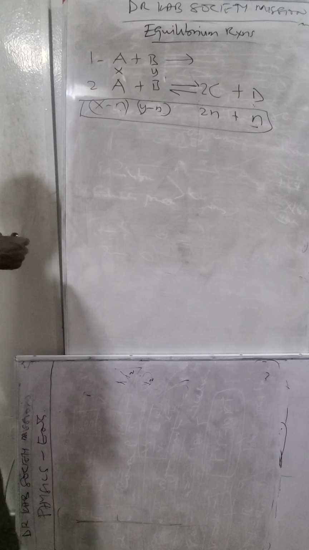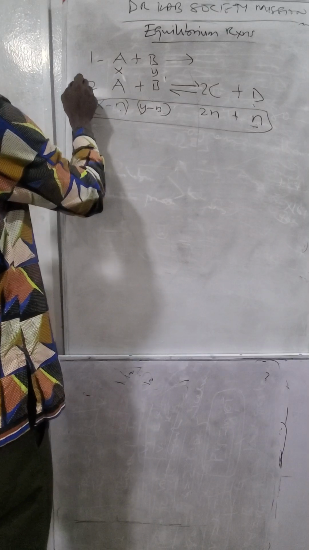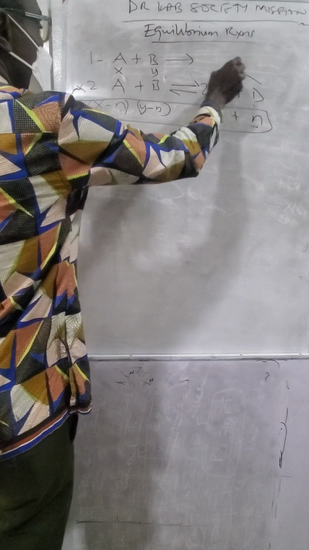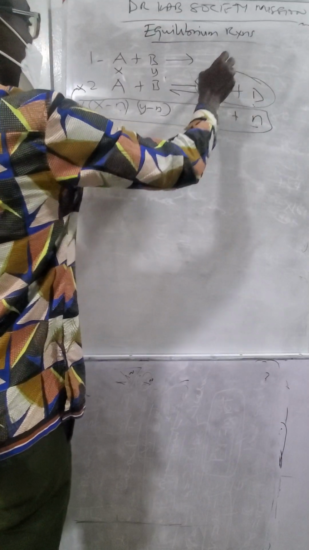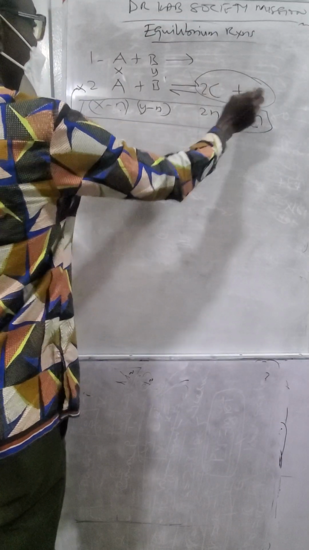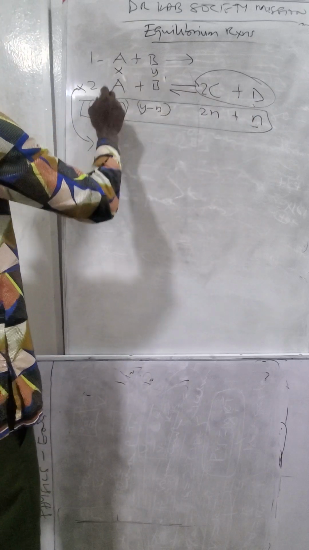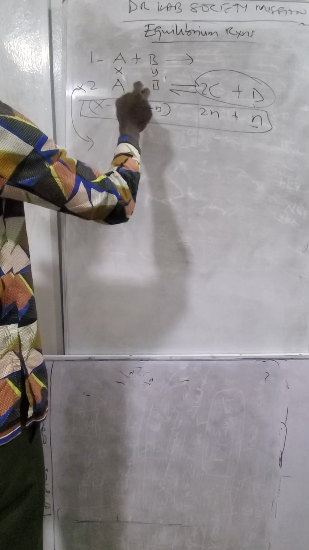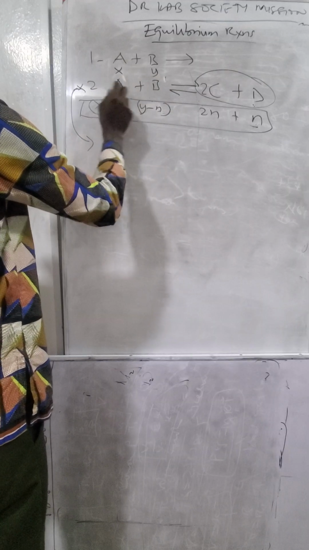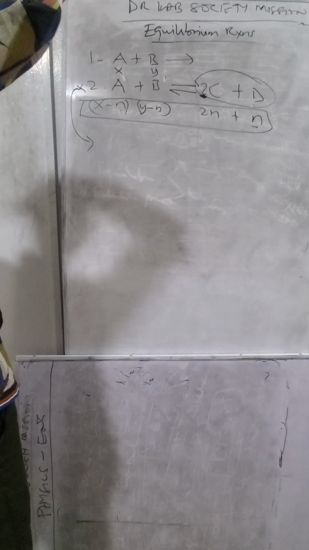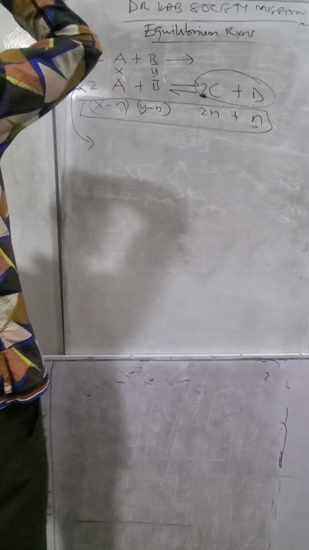Alright. Now the general rule is that at this equilibrium, the ratio of the product of the concentrations of the products formed here over the concentrations of the reactants, raised to their respective stoichiometric numbers, will always be equal to a constant.